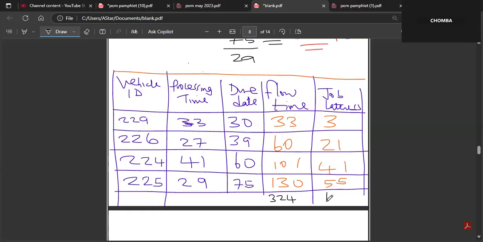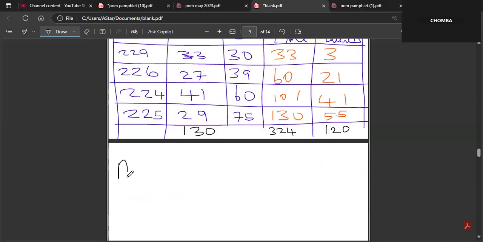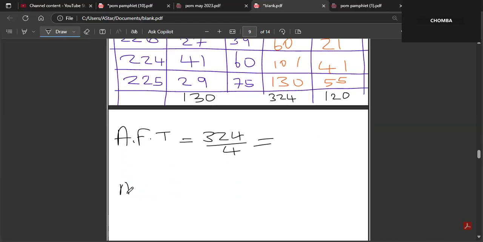Did you understand yesterday's class for changeover cost? It was very okay, not so? Changeover cost yesterday was very much okay. Yes. So 324 over 4. Average job lateness, 120 over 4.